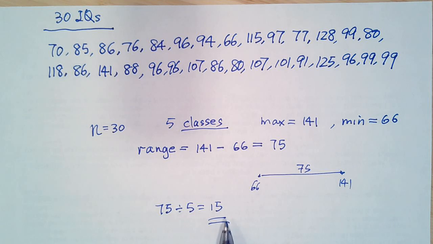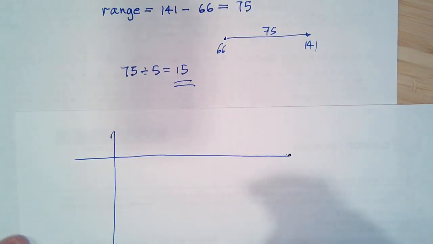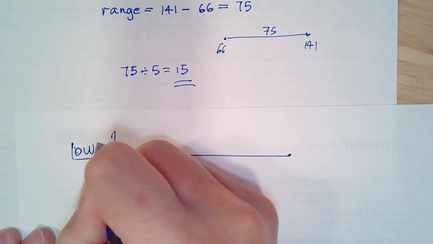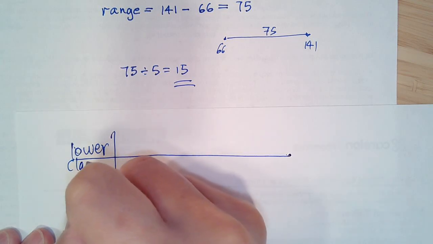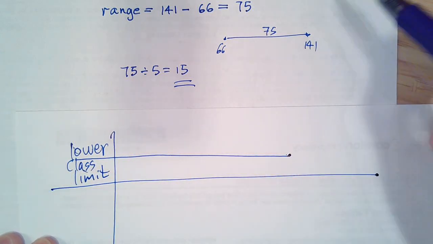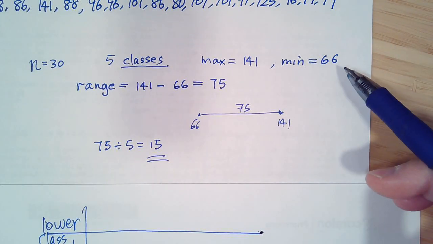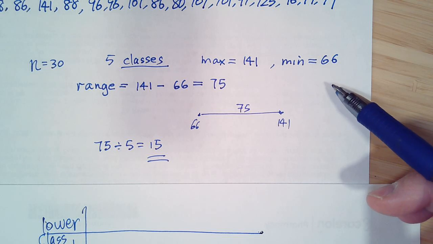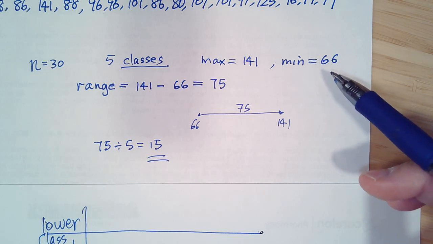All right, now after that, our next step is to find the lower class limit. Even though my smallest number is 66, I probably don't want to start from 66 because it doesn't sound like a beautiful number.